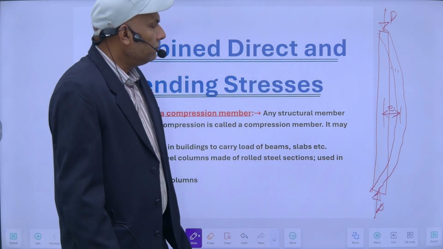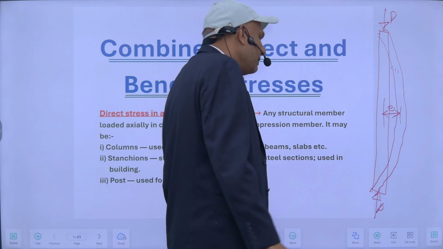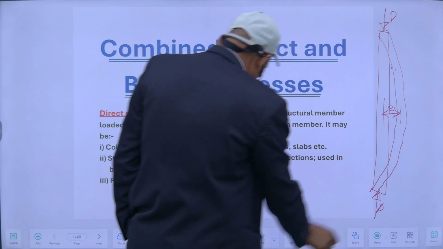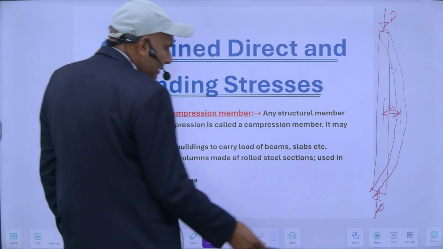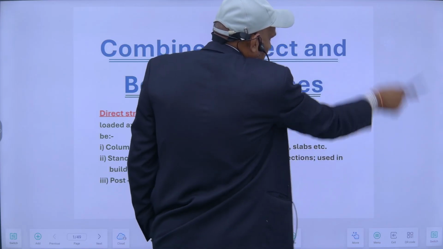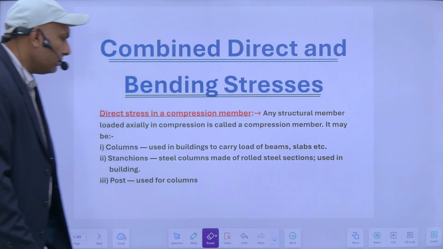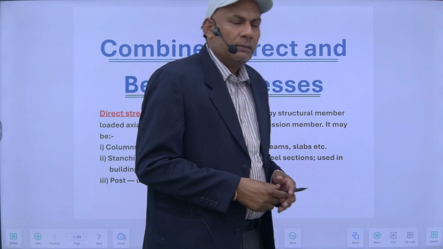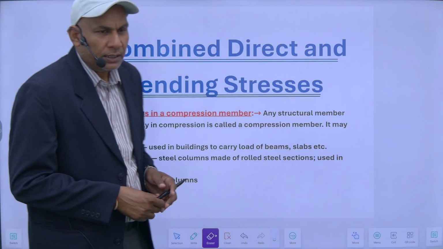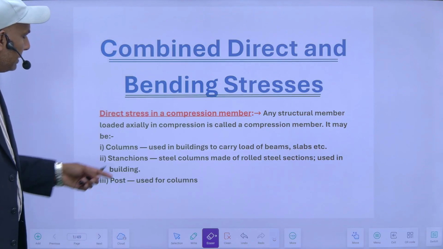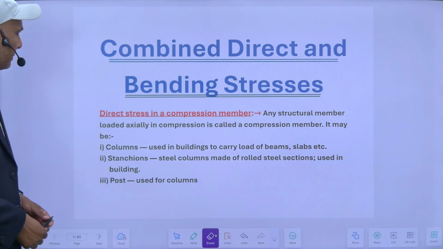The long or slender column has a tendency to fail by buckling. That we will discuss in subsequent lectures. Today I am discussing only direct and bending stresses in short columns. So in brief, these are the types of compression members.